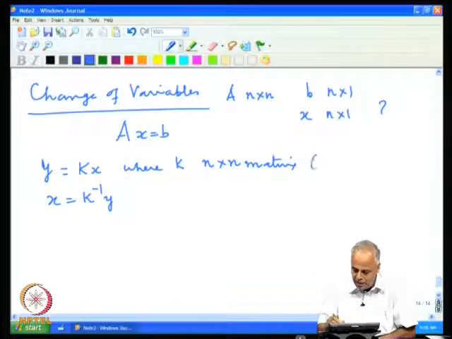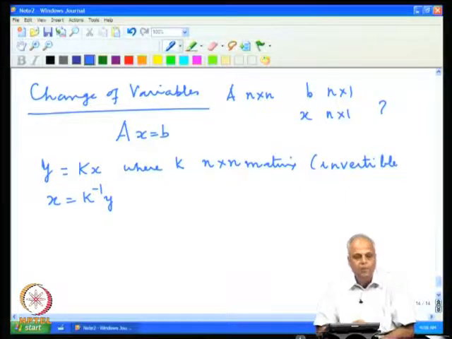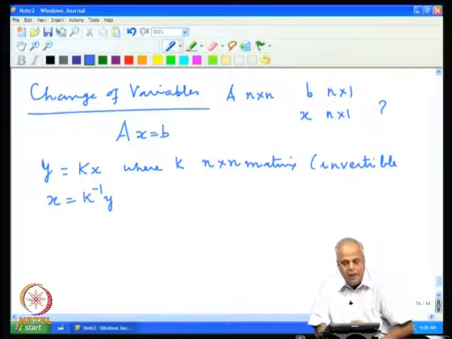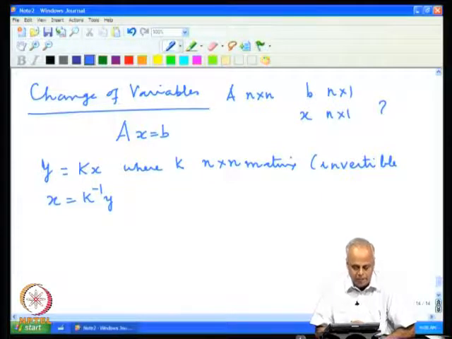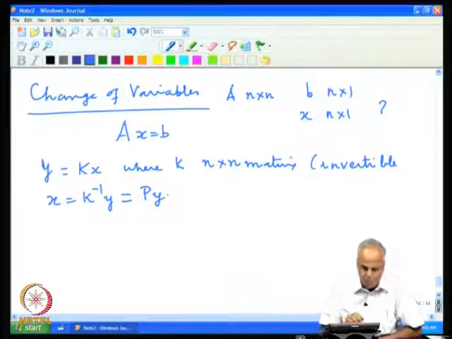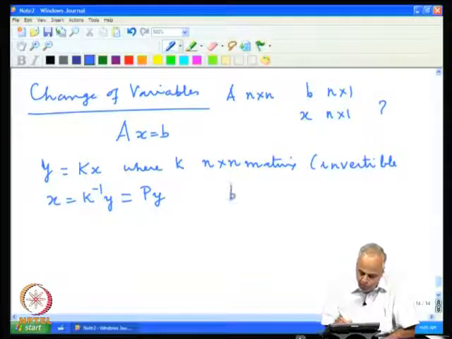So, we will say k is an n by n invertible matrix. We introduce a change of variables y equal to kx, where k is an invertible n by n matrix, then x becomes k inverse y. Or, in the standard notation most of these books use, x is equal to Py. Now, b also we can change as some Pz.